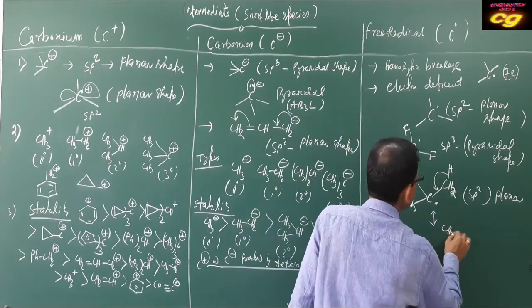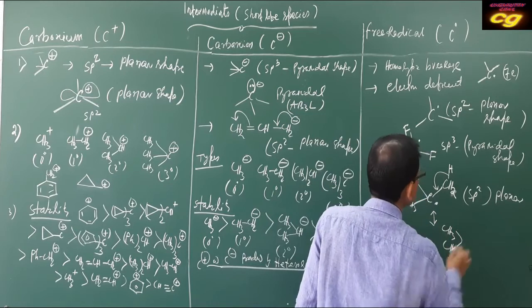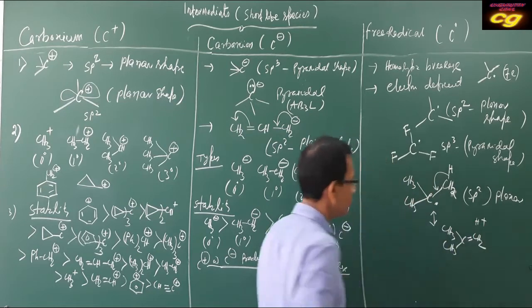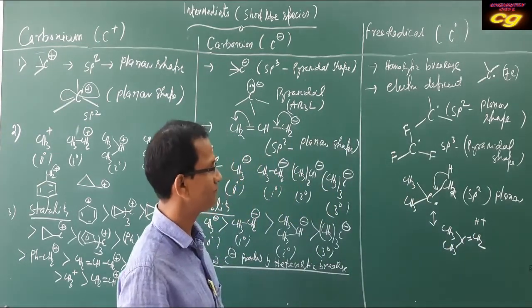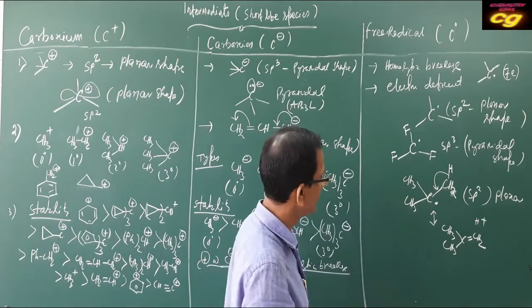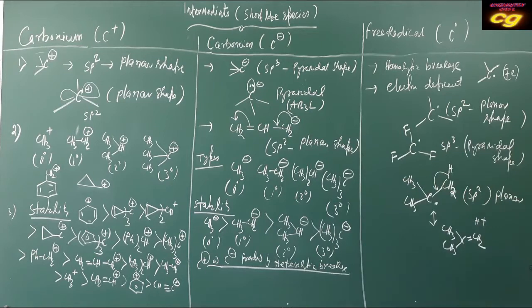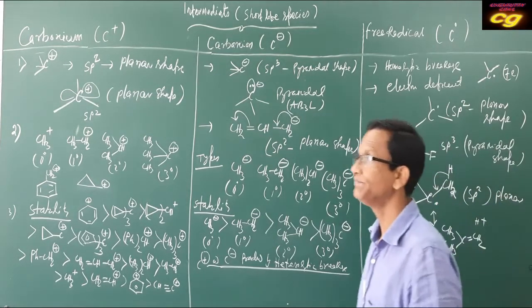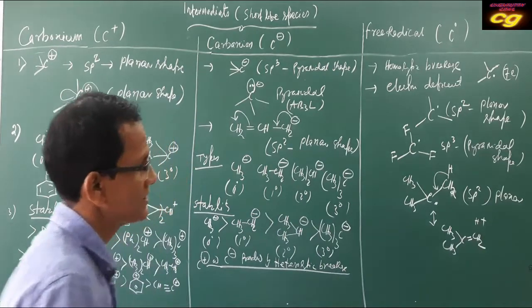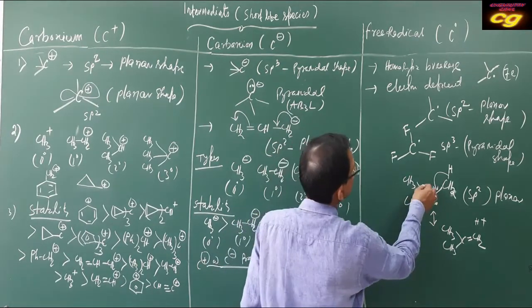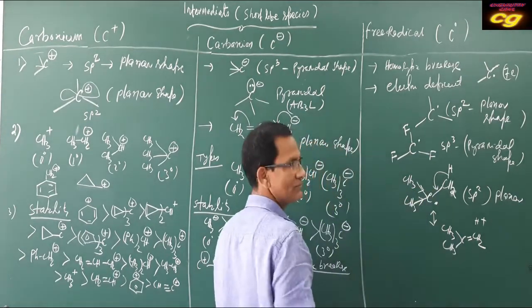So CH3, C double bond CH2, then H plus. So this one results in the formation of which one? It is involved in the formation of a pi bond. So when it forms a pi bond, hyperconjugation takes place. So this is regarding the stability of free radicals, and we can also say it is stabilized by the inductive effect.